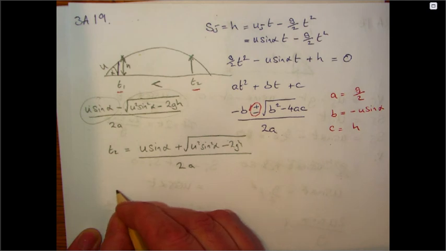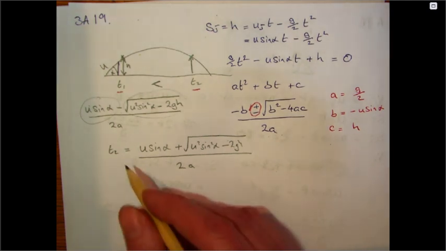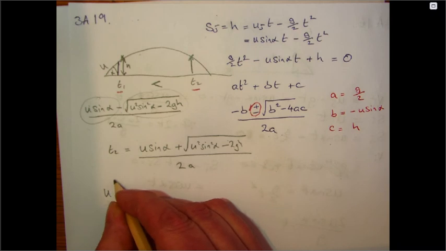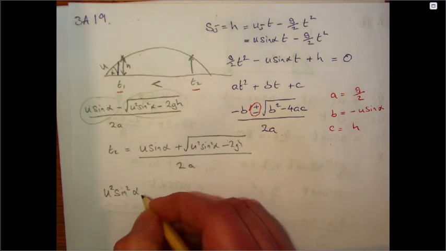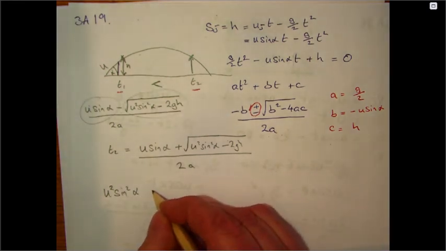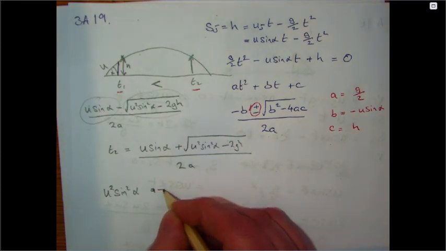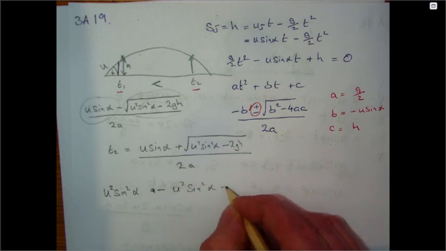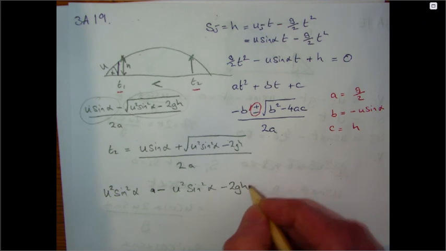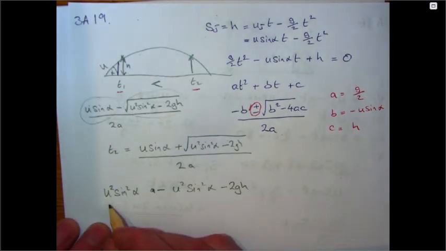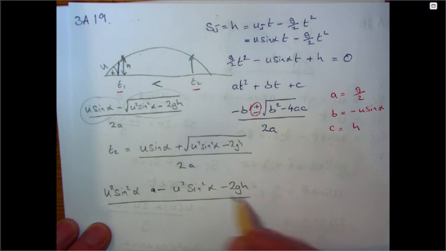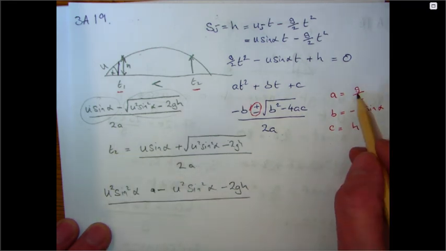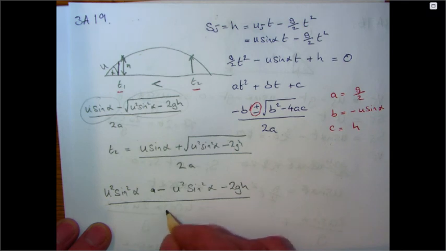All over 2a. I'm going to end up with u squared sine squared alpha minus, u squared sine squared alpha minus 2gh, all over 2a. 2a is g over 2.